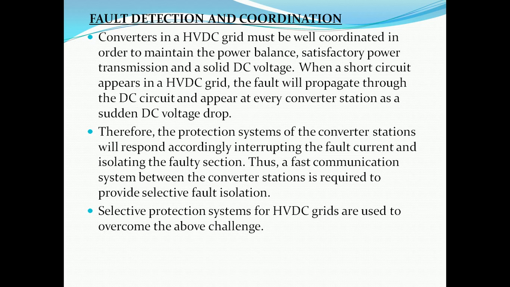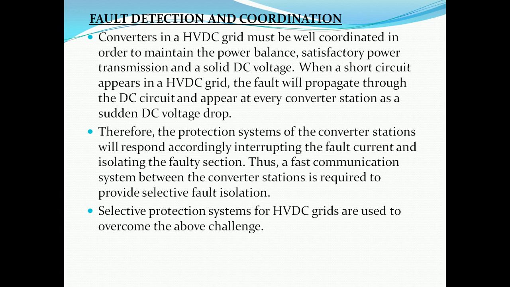Now, the last challenge faced by HVDC systems is fault detection and coordination. Converters in an HVDC system must be very well coordinated in order to maintain a power balance, satisfactory power transmission, and a solid DC voltage at the receiving end. When a short circuit appears in an HVDC grid, the fault will propagate through the DC circuit and appear at every converter station as a sudden DC voltage drop.